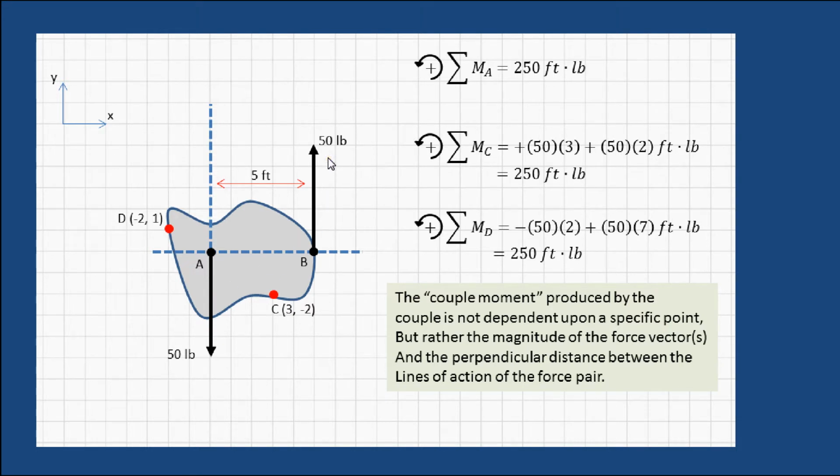So the couple moment is the magnitude of the force vector times the perpendicular distance between the lines of action of the force pair. Since there isn't a dependence on any particular point, we don't put a subscript here. So we just say that the total moment produced by this couple is the magnitude of the force times the perpendicular distance, which in this case is 250 foot-pounds.